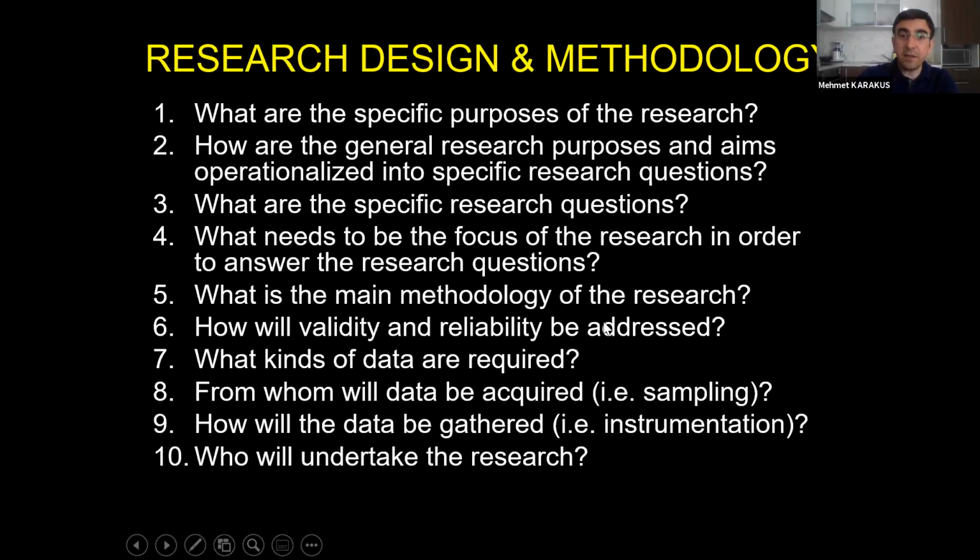What kinds of data are required to answer those questions? From whom will the data be acquired? Which sample will answer those questions? Or if we try to triangulate data, maybe we can select all the stakeholders in our sampling approach. We can select all the parties that will have something to say about this research question.